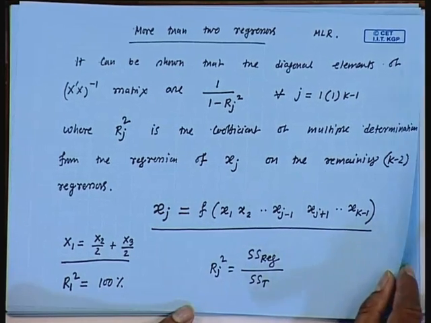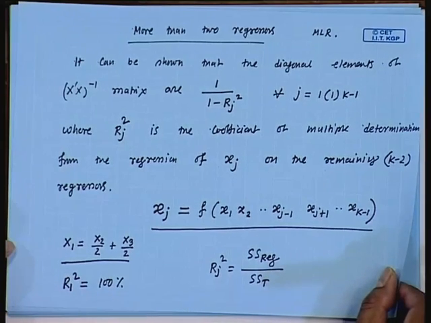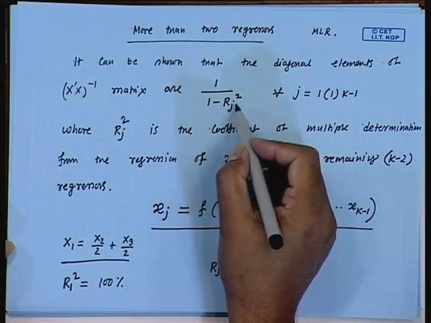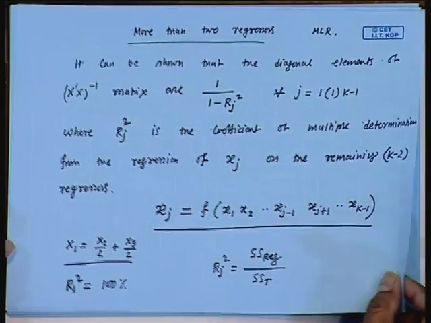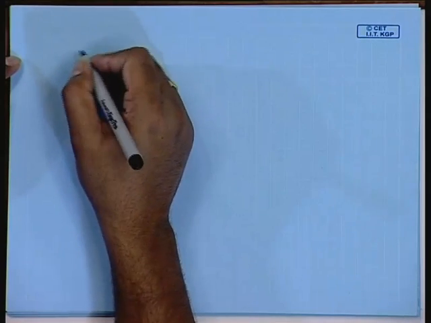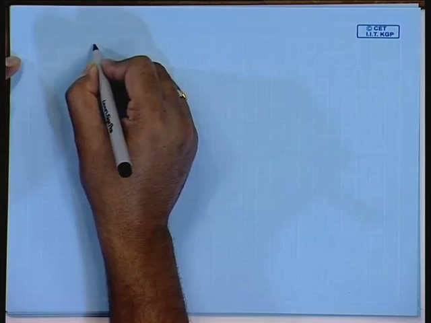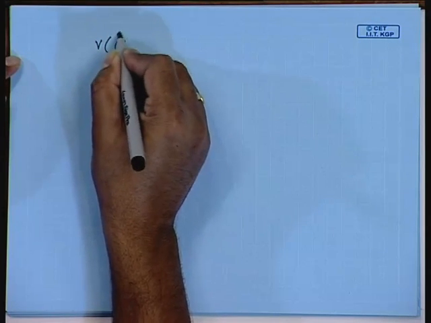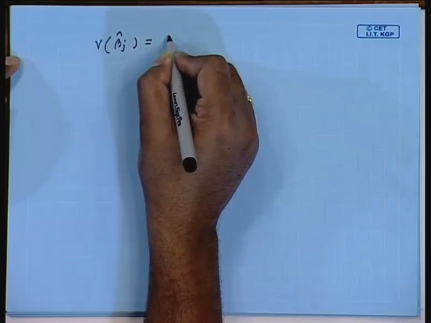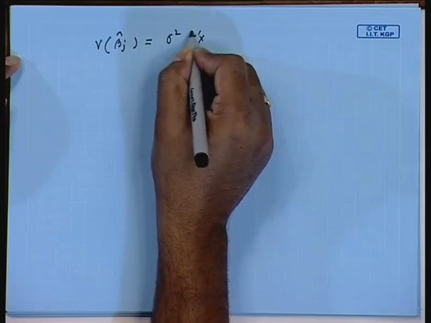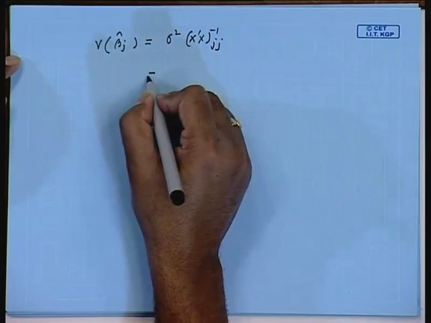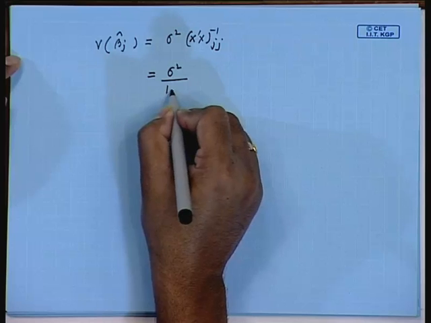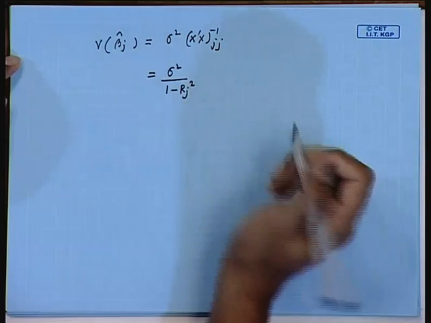Okay. So since this is the diagonal element, now I can say that when you have more than 2 regressors in the multiple linear regression model, the variance of beta j hat is equal to sigma square times the jth diagonal element of X prime X inverse, which is equal to sigma square by 1 minus Rj square.